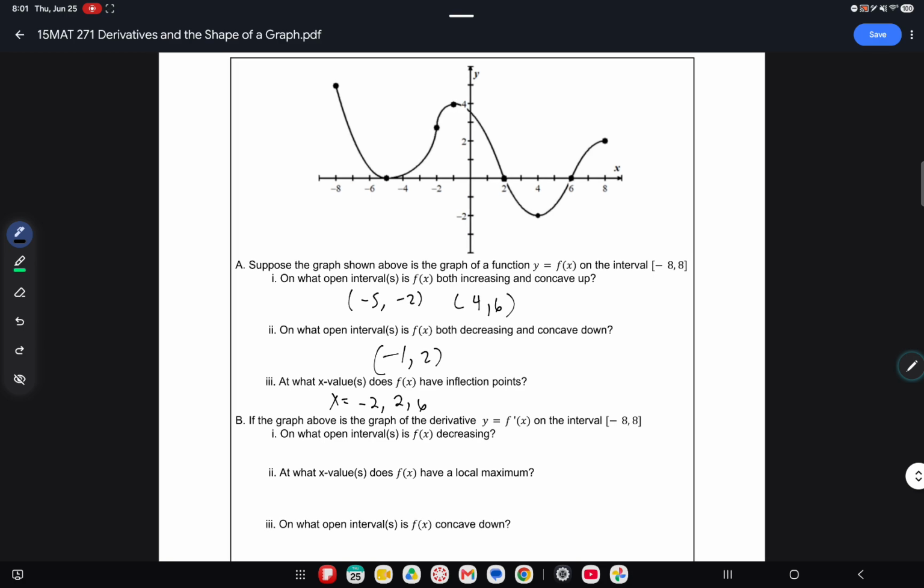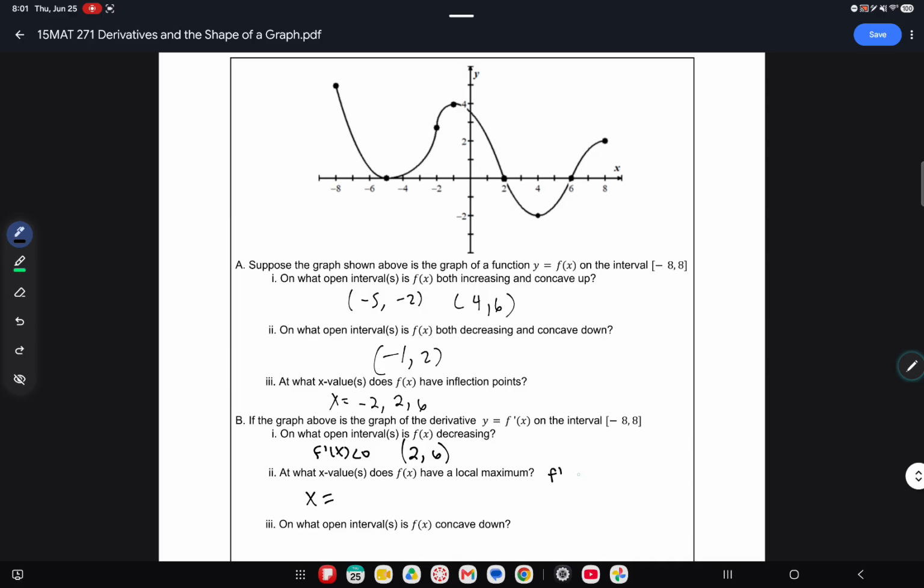All right, we're going to assume this graph is now the derivative. So where are we decreasing? That is when the derivative is negative. So that's going to be from 2 to 6. Where do we have a local maximum?